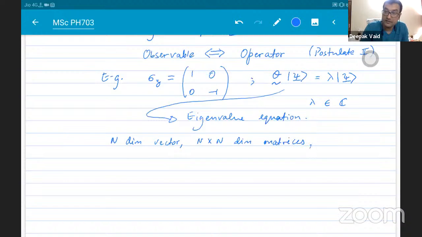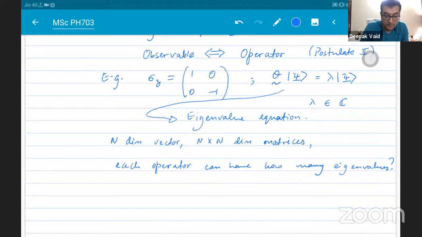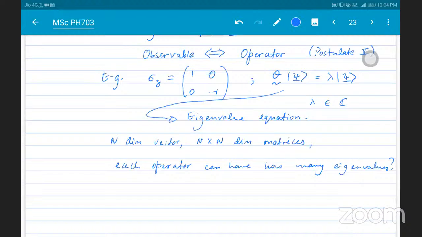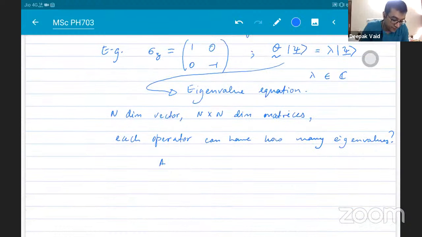So each operator or any matrix can have how many eigenvalues? It can have n eigenvalues.